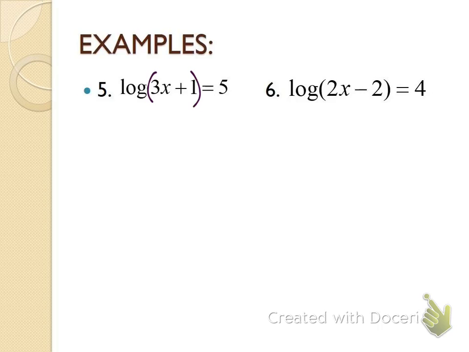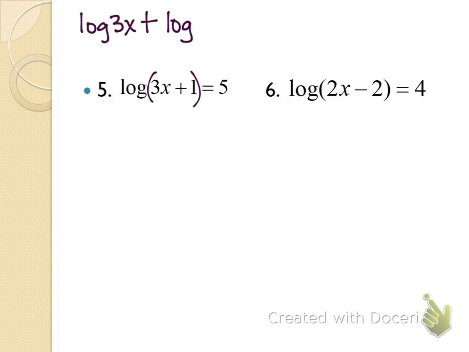Remember, the addition worked if I were to have something like log of 3x plus log of 1. That's when I could use the product property and rewrite it as log of 3x times 1.